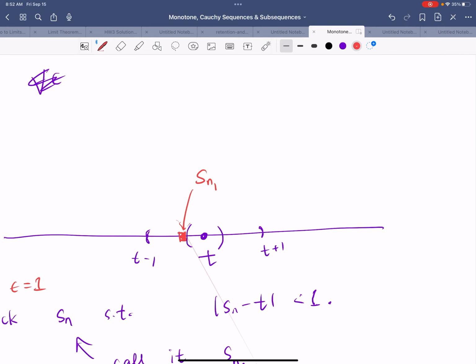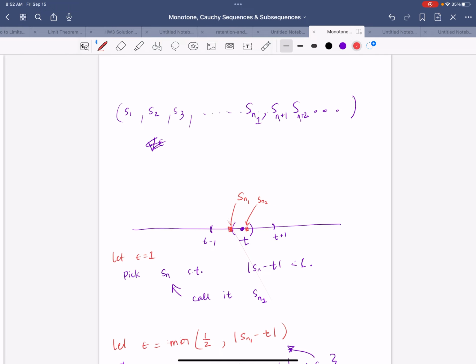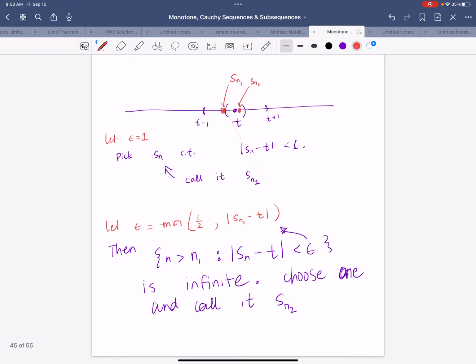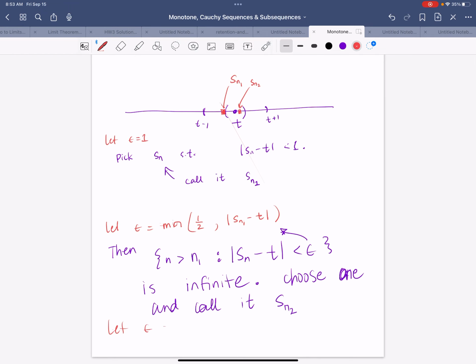So then we say, okay, now I have another one. Maybe this is Sn2, right? And then I'm going to repeat this, and I'm going to say, okay, now let epsilon equal the minimum of 1/3 and the distance between Sn2 and t, right? The reason why I have to do the minimum and I'm doing this 1/n is because I don't want to keep picking terms like S1 is here, S2 is here, S3 is here.